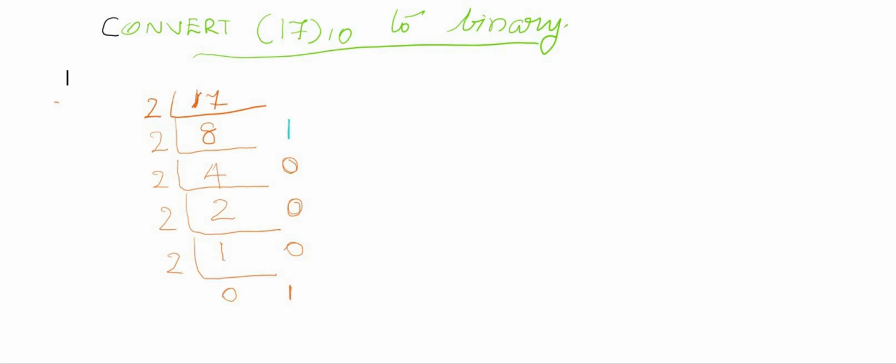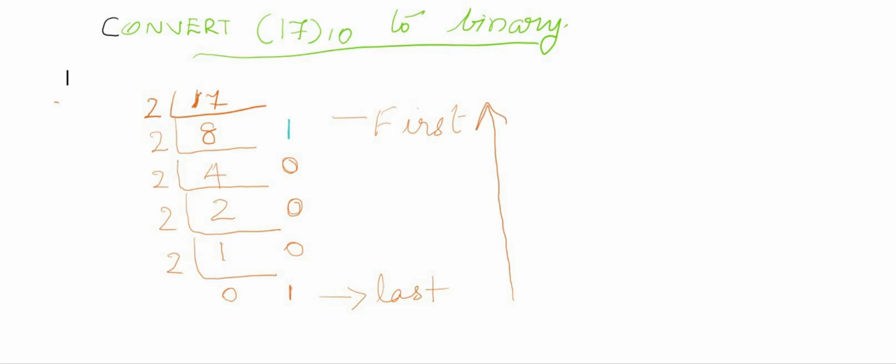You have to divide the number, and this is the last remainder and this is the first remainder. So you have to write from last to first, in this order.